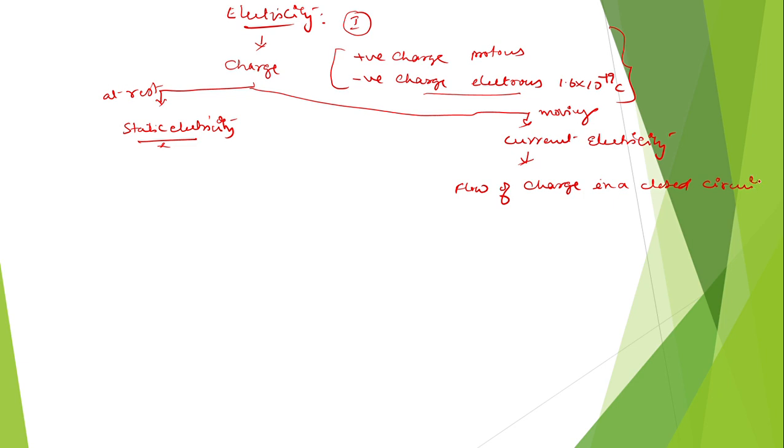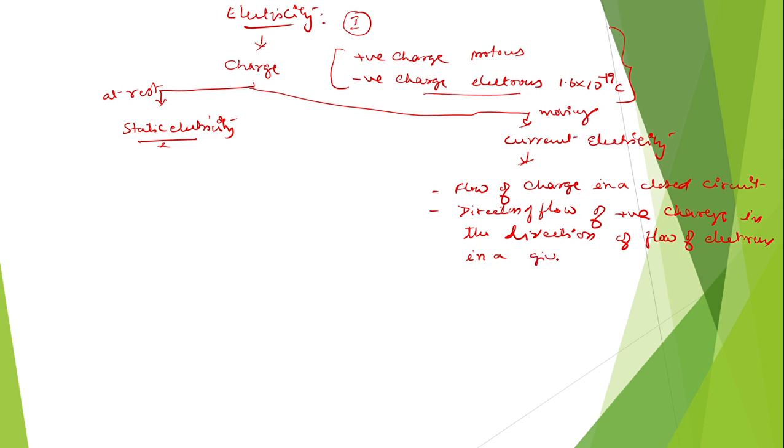It is a directional flow of positive charge in the direction opposite to the flow of electrons in a given circuit. That means charges are moving.